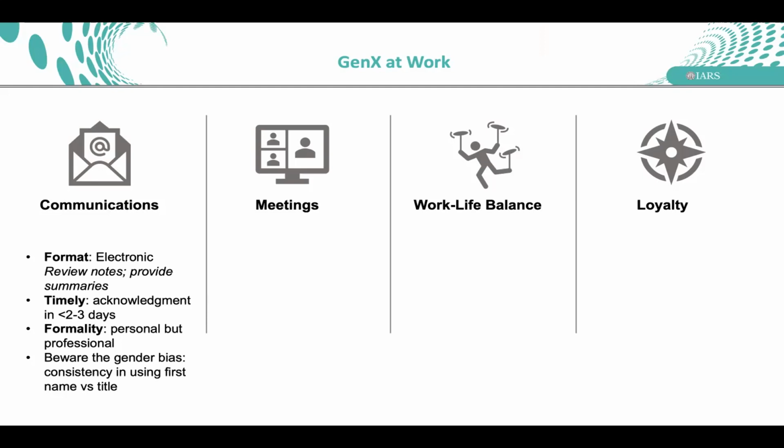They expect an acknowledgement of their communications in the next few days. They favor a personal but professional tone. And they are very sensitive to gender biases or other biases that can seep in, and consistency is the number one rule.